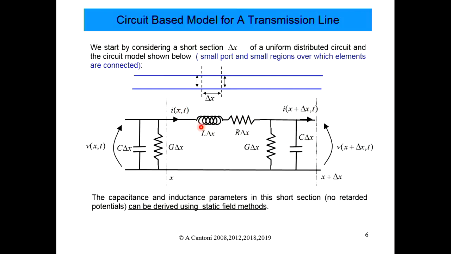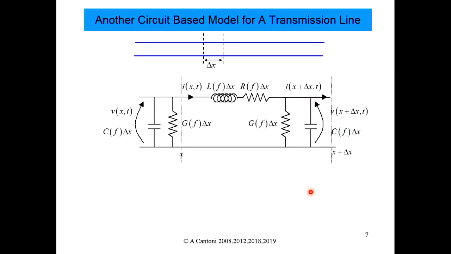You also have some resistance in the wire, and you might have a dielectric between the two wires that has some current leakage, so you may also have some conductance between the two. That's how you could imagine getting a model like that. Each of those little sections will be modelled by this part here. That's the one that comes before. This is the one here, and you have another one after this.